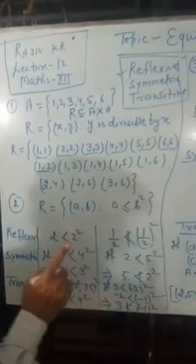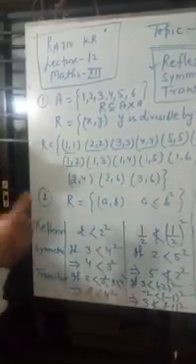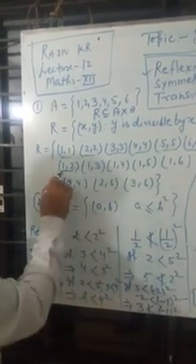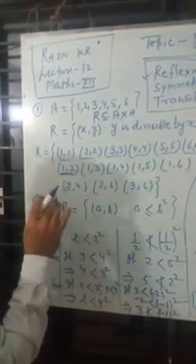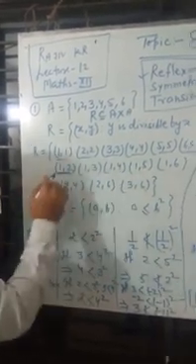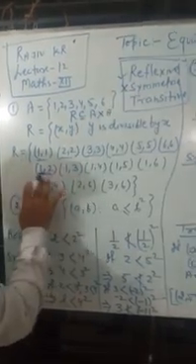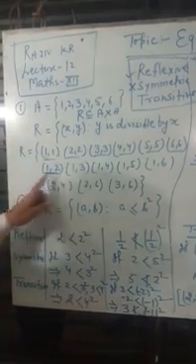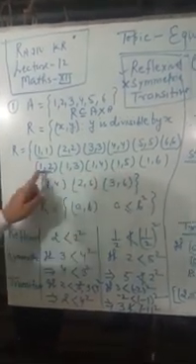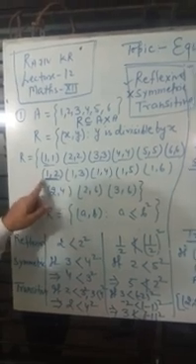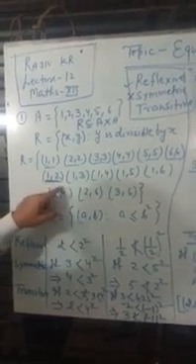So if the inverse ordered pair follows the rule, then it will be symmetric. So it is not symmetric, because if you take any ordered pair, first divides the second, but second does not divide the first, so it is not symmetric.